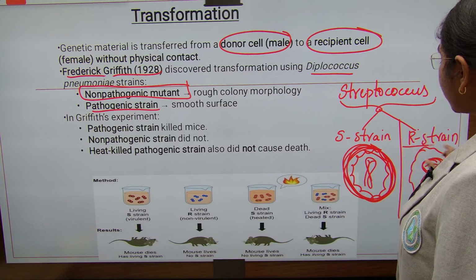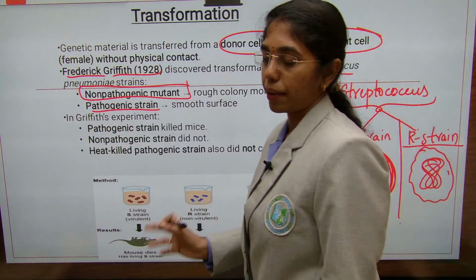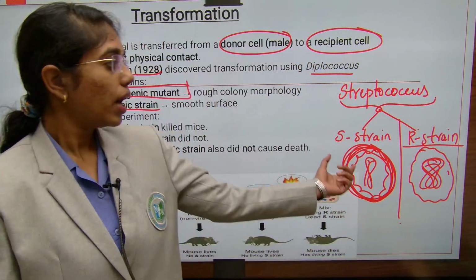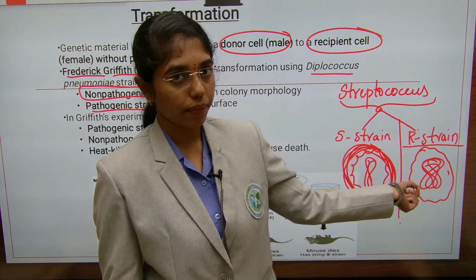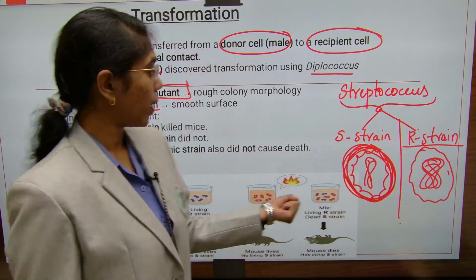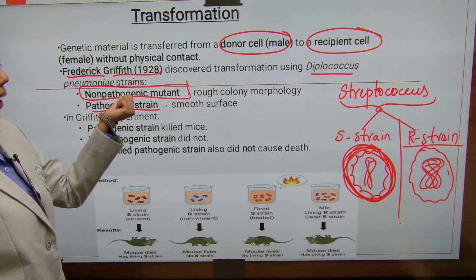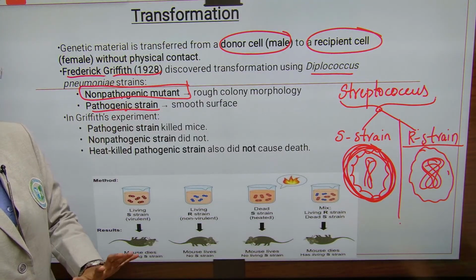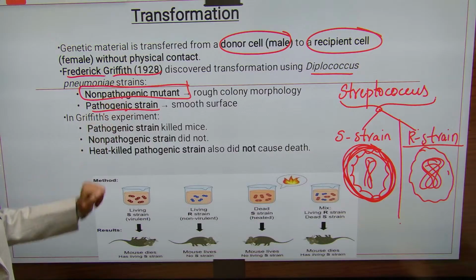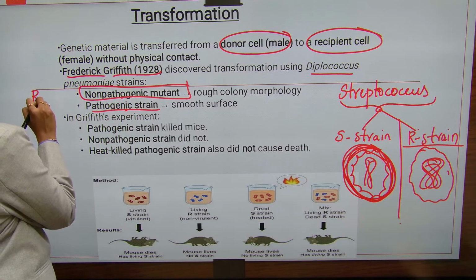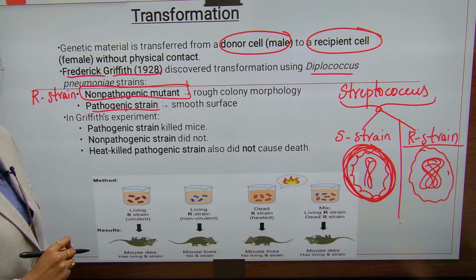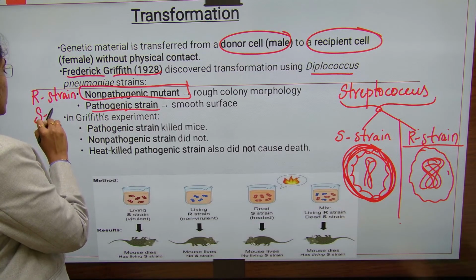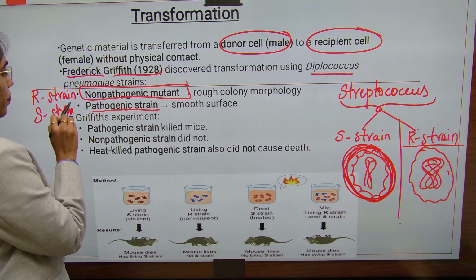This cannot survive in the host environment, while the S strain will survive. So the non-pathogenic strain is also addressed as the R strain, and the pathogenic strain is also addressed as the S strain.